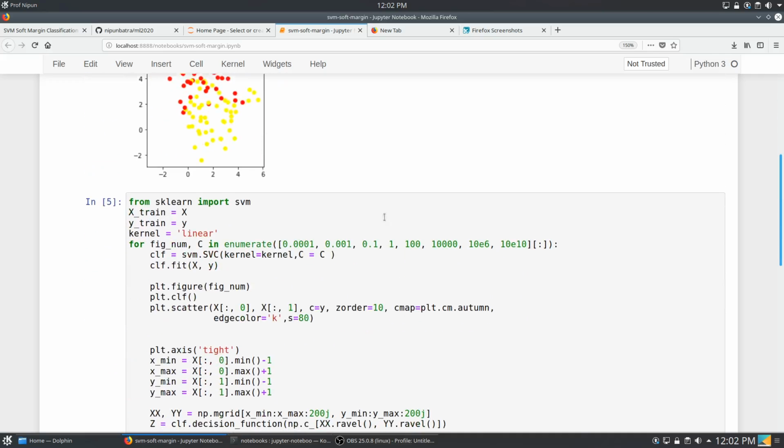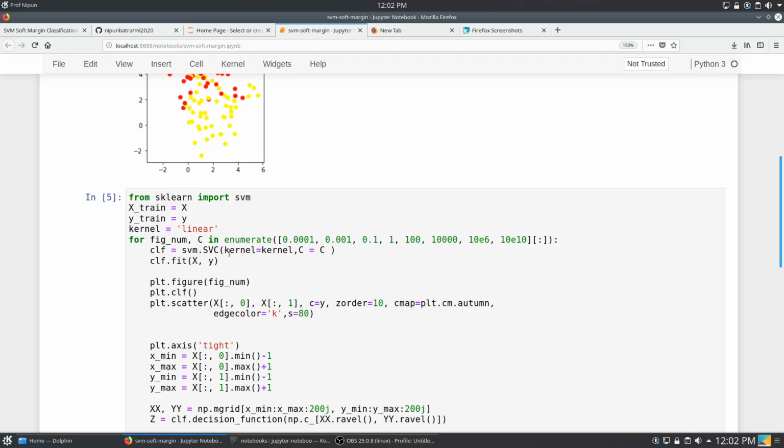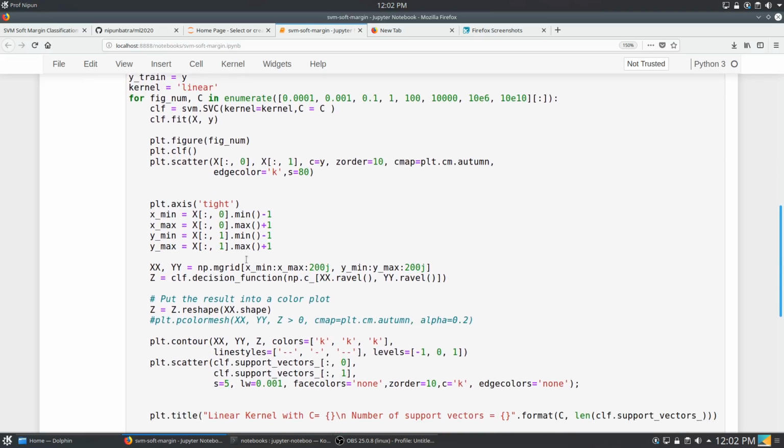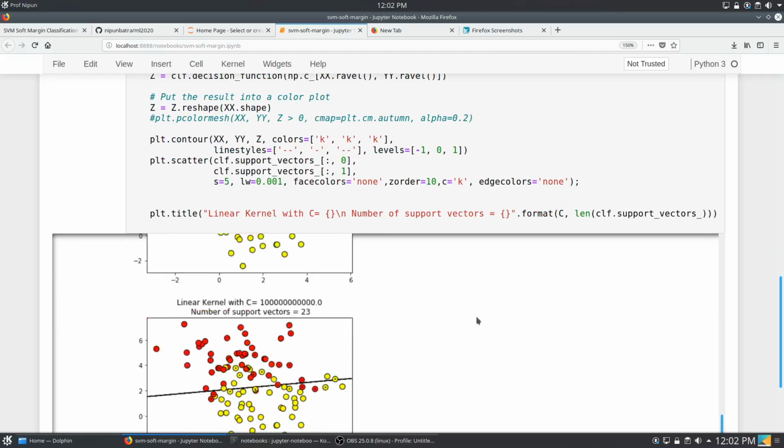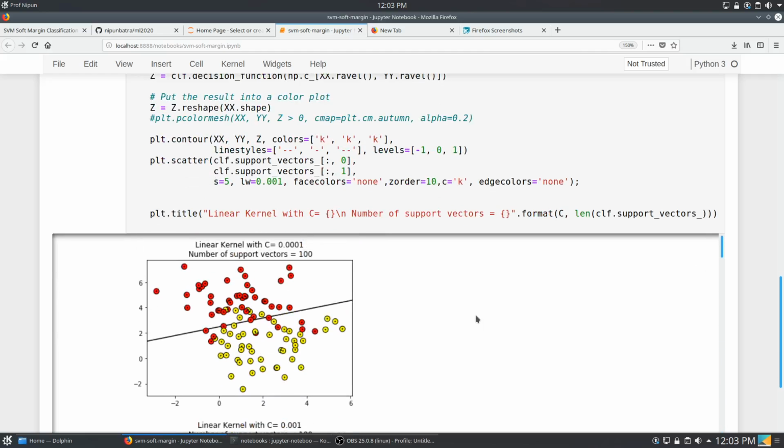I'm using scikit-learn's SVM module, with support vector classification and a linear kernel. I'm not doing any kernelization, and I'm varying the value of C, capital C, from 10 to the power minus 4 to 10 to the power 10. Then I'm fitting the classifier and looking at the support vectors and the decision function, and let's see how they look.